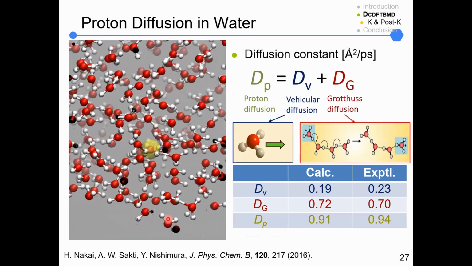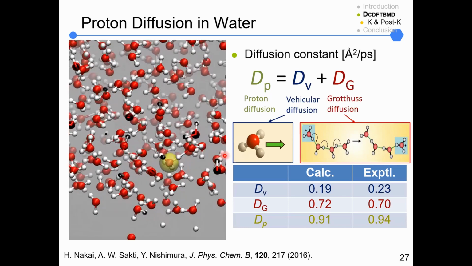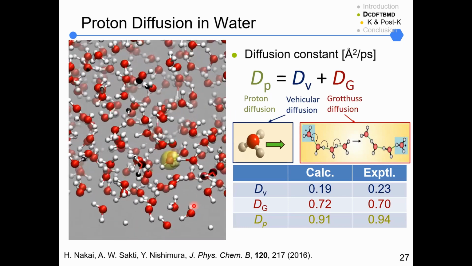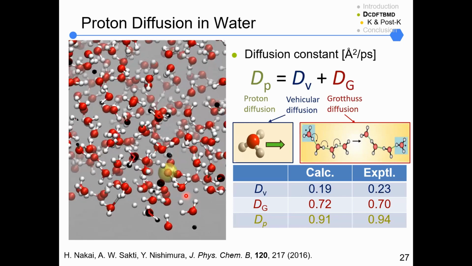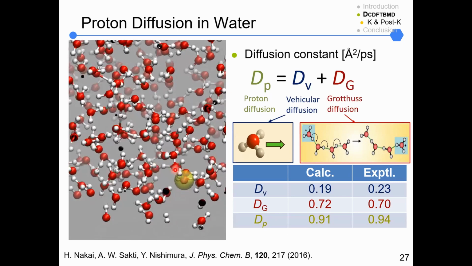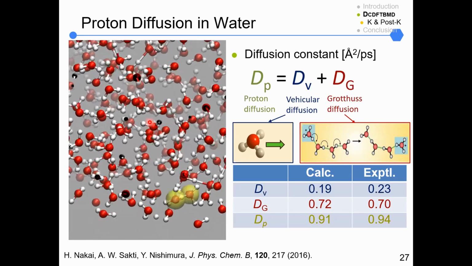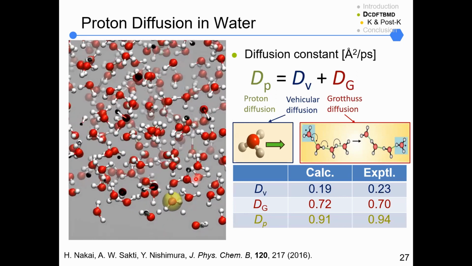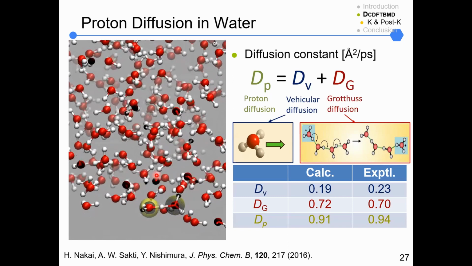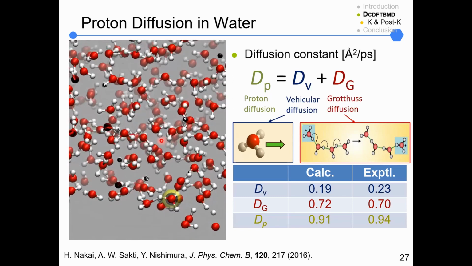The first application of DcDFTBMD simulation was a study on proton diffusion in water. Because proton diffusion involves bond cleavage and formation, classical MD simulations are not suitable to treat this. Also, proton diffusion is very ubiquitous, therefore QMMM MD simulation is not suitable.